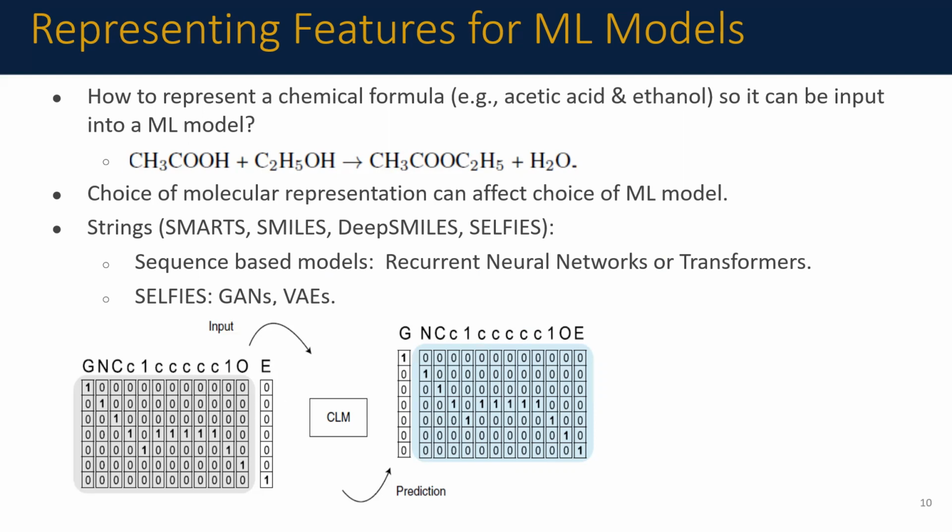On the other hand, I think what we learned last week is that if we had a SELFIES string, then the type of model that might be more conducive to using it would be a GAN or a variational autoencoder.